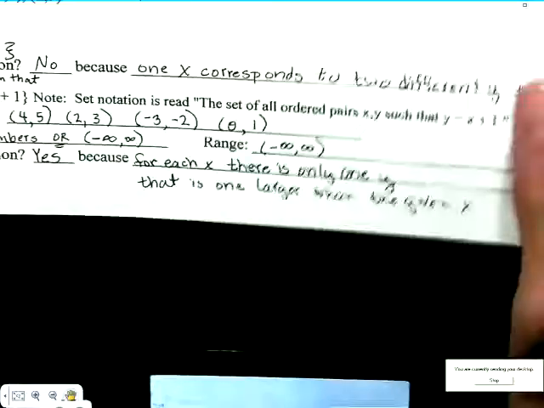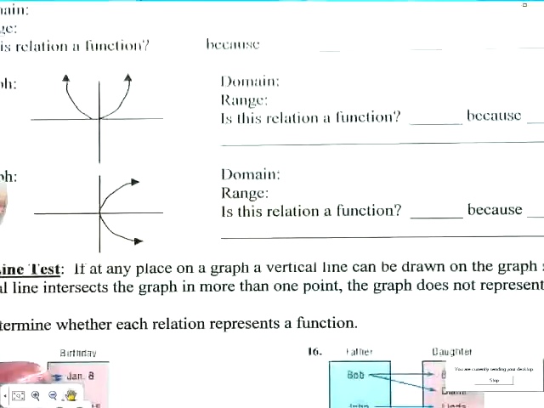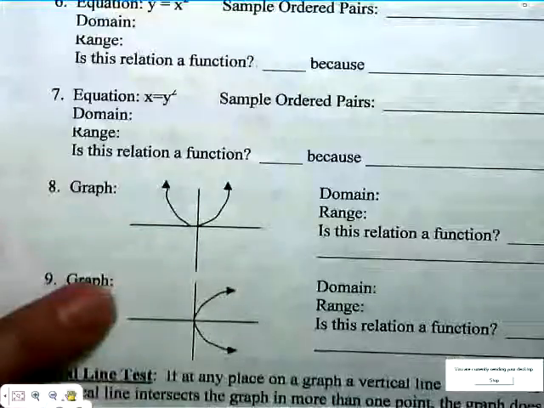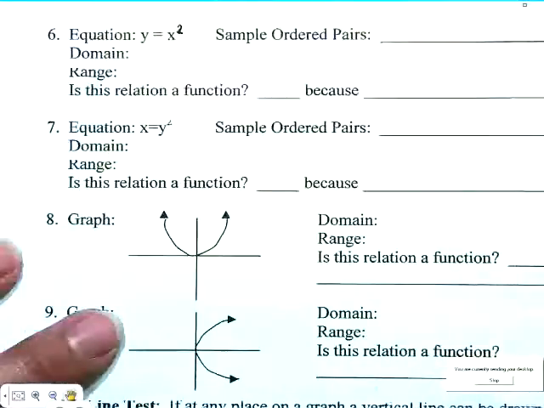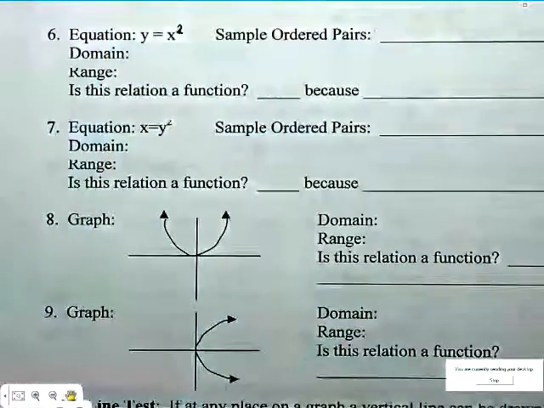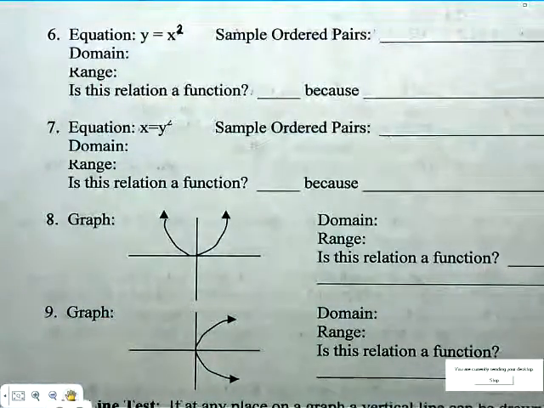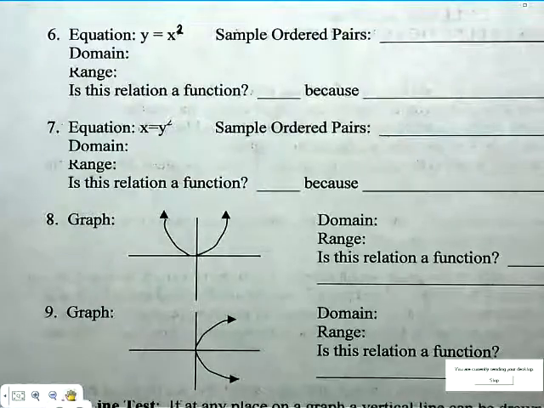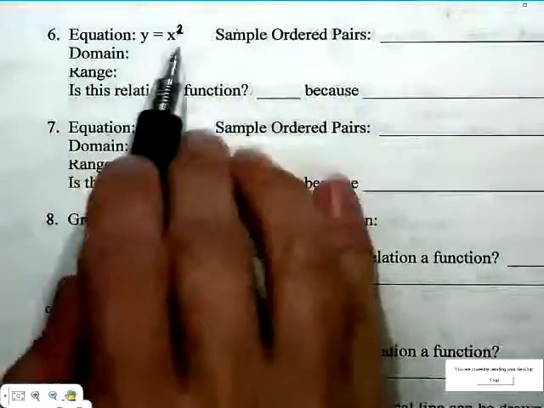All right, example 6, y equals x squared. How many ordered pairs do you think we could come up with such that the y was the square of the x? Yeah, I mean, I can type any number that'll fit on my calculator and hit the square button and get an answer to it. So there are infinitely many ordered pairs that satisfy that relation.